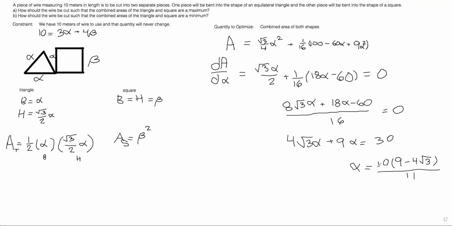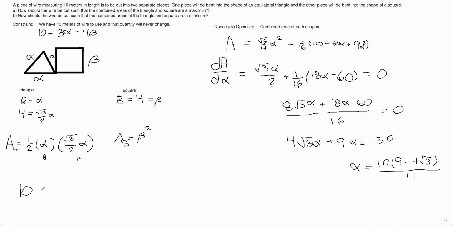We've only done half of the problem. Actually, realistically, we've done probably less than half, but we need to find beta next. It's easy now that we know what alpha is. I'm going to take this perimeter equation up at the top, 10 equals 3 times alpha, and plug alpha in right there.